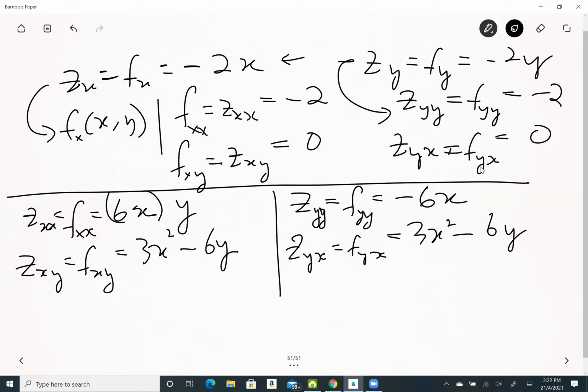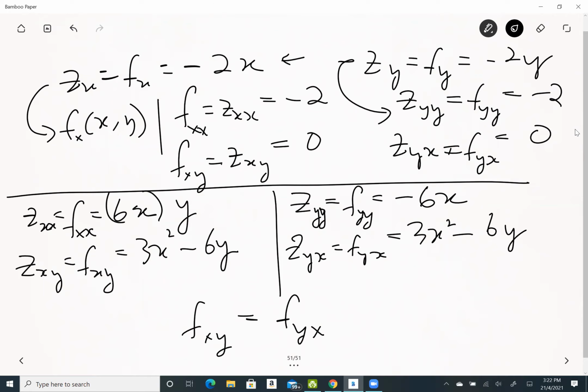Good. So if you look at the examples that we did earlier, the rule to see whether we did the derivative correctly or not is that fxy must equal fyx. It's not that you use this rule to get the solution.